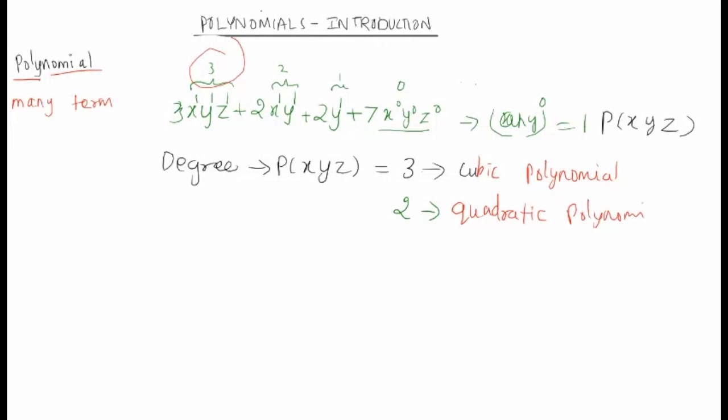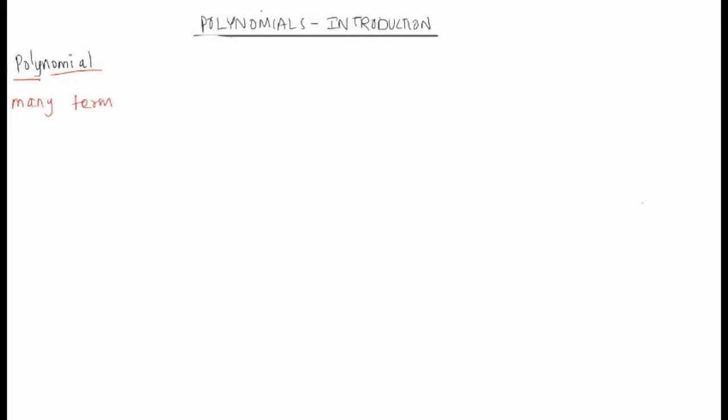And if the degree is 1, then it would be called a linear polynomial. For example, 2y plus 7. If we plot this in a graph, we get a straight line. That's why it's called a linear polynomial. So let's write a table to easily remember this degree and the types of a polynomial.